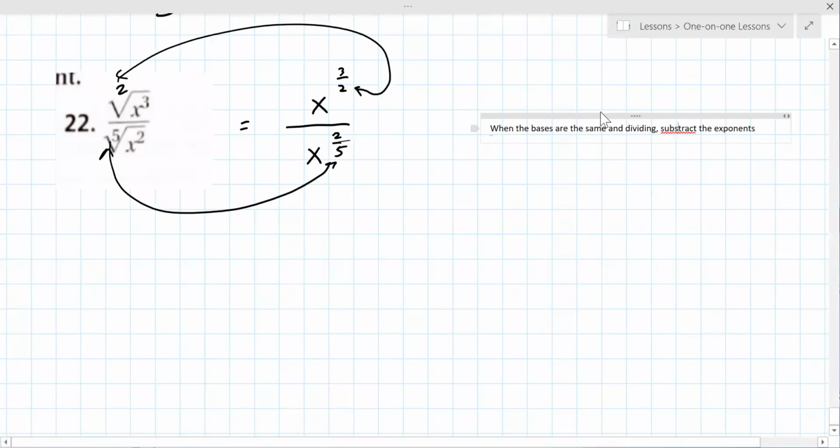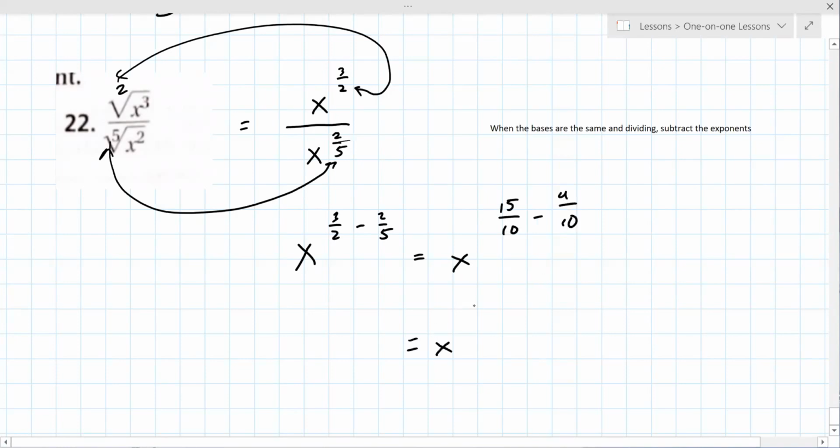Okay. So this is a necessary step here. So it's x to the 3/2 minus 2/5, and then you got to make a common denominator. Your common denominator is like 10. So what's that? 15 over 10 minus 4 over 10. So it's x to the 11 over 10.